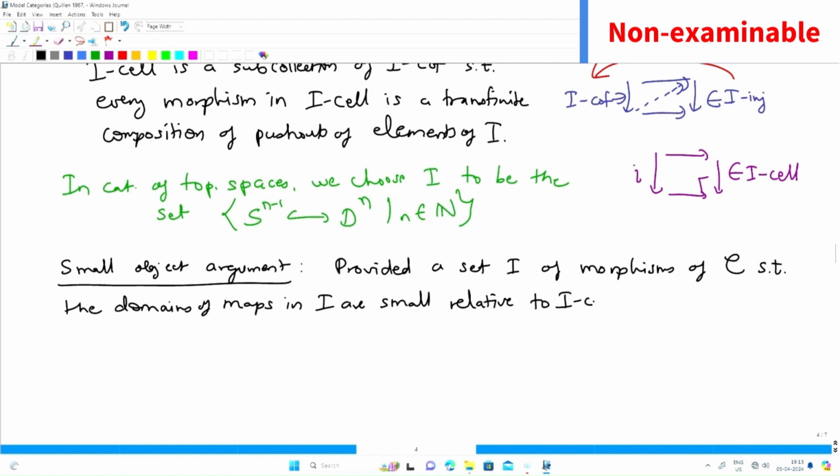I am not going to describe what this is, but some finiteness condition, or smallness condition, you can think of.